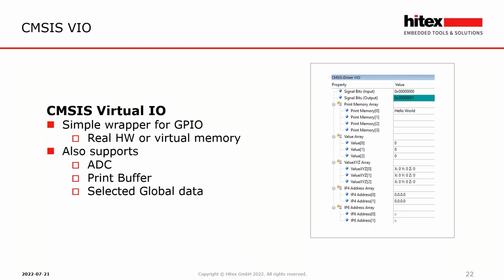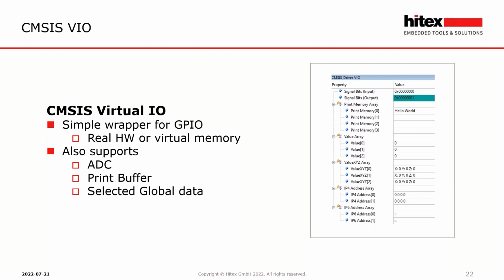But inside the VIO, we can very easily switch off access to the real hardware. Inside the CMSIS VIO driver, it has a set of memory locations which act as virtualized memory for our GPIO. So this again also makes a very good test target, where we can write to the simulated GPIO rather than the real hardware.